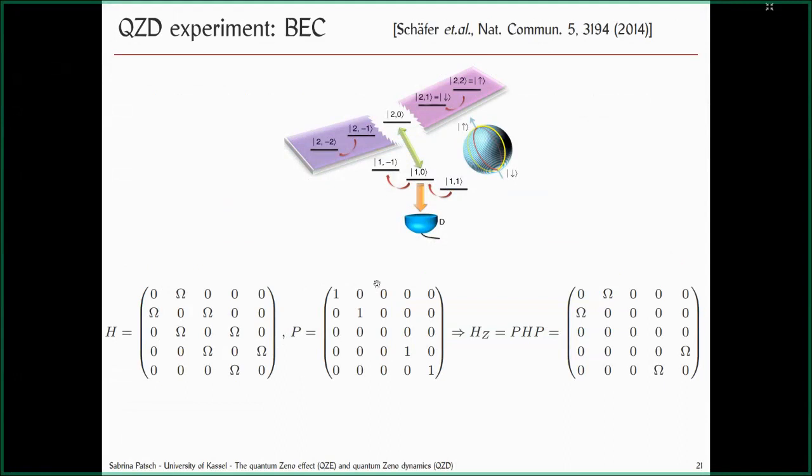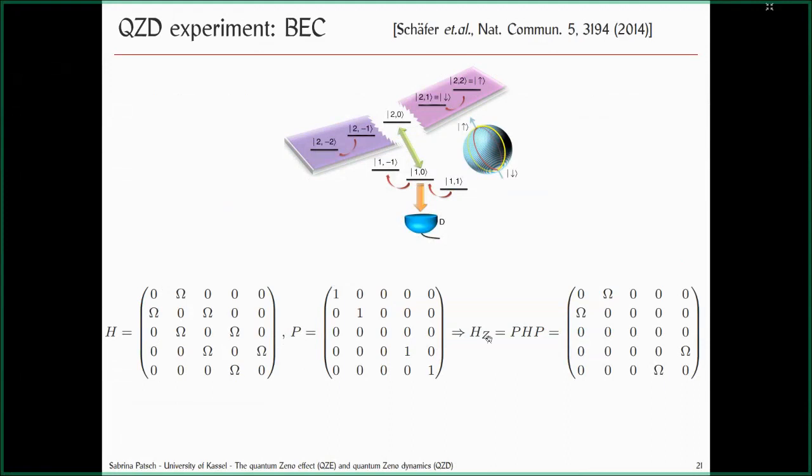And then you see the projection operator, which projects to the Zeno subspaces, the 2 purple subspaces. So you have the ones in the first 2 elements and the last 2 elements, but not on the element in the middle. That means you project onto the Zeno subspaces, the one at the top and the one at the bottom.